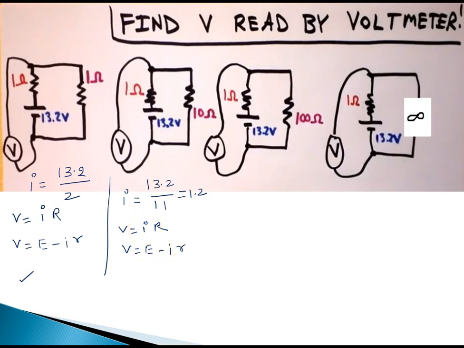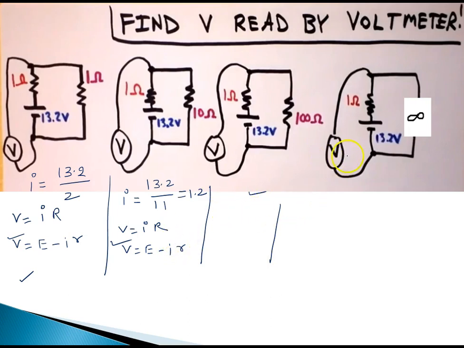I hope it is clear to you. No problem. But we have to calculate the voltage reading, so I will recommend you, please use this formula when you have to calculate the voltage difference across the cell, because if you calculate in the third, you will not get any trouble.